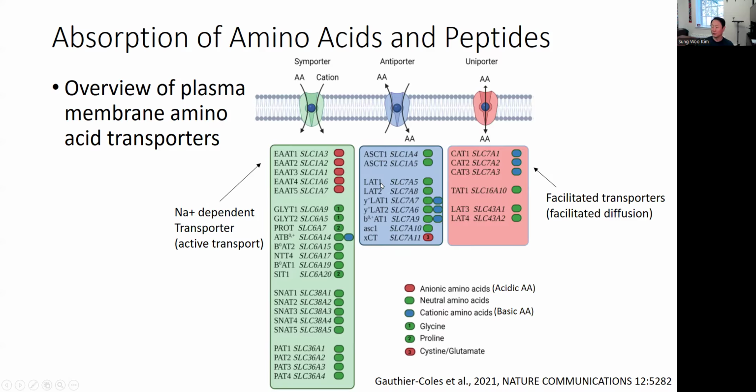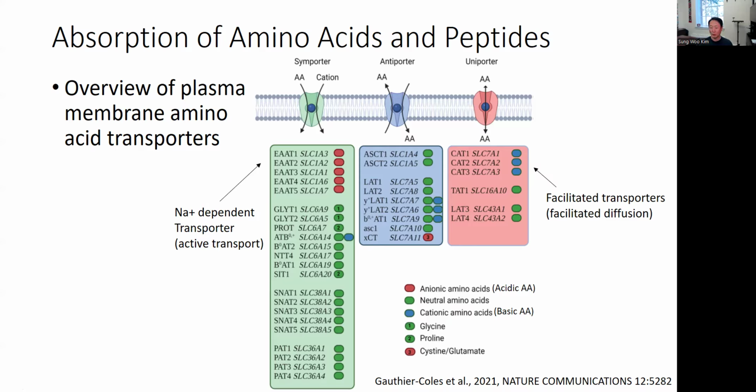But this amino acid transporter is the same as solute carrier 7A5, SLC7A5. This is the same thing with different names. Another example here, the system GLYT1 is the same as SLC6A9. That's the same protein, the same amino acid transporter, responsible for the same amino acids.